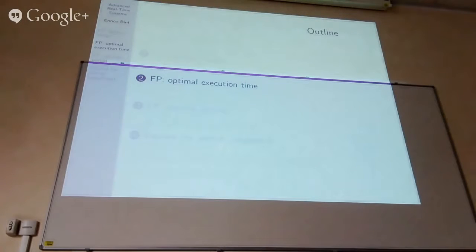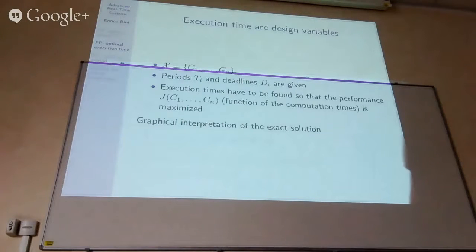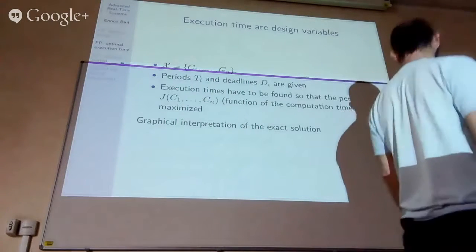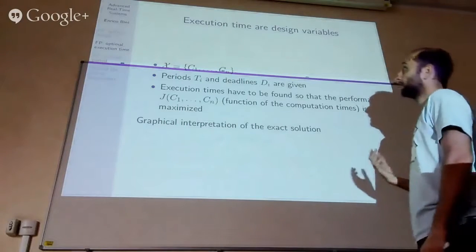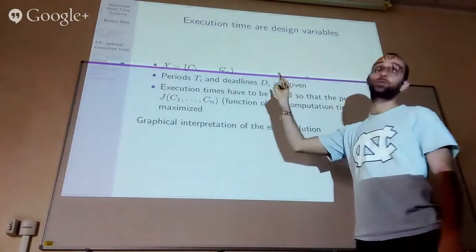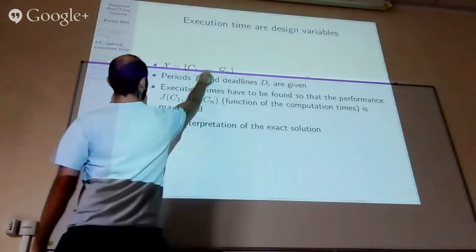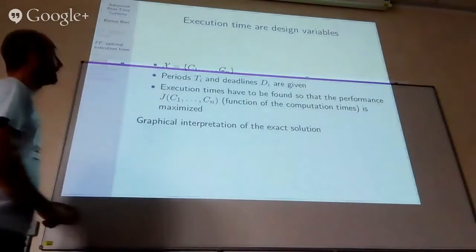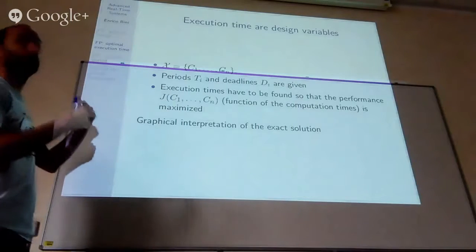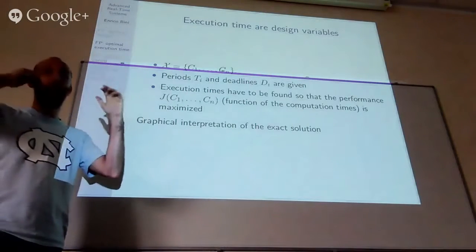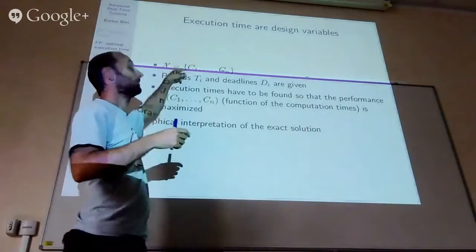Right. So, optimal execution time. When I say optimal execution times, I mean that I assume the variables to be the execution times of tasks. So basically, X is the set of all computation times, and I consider the case where the task set is entirely given, except for computation times.